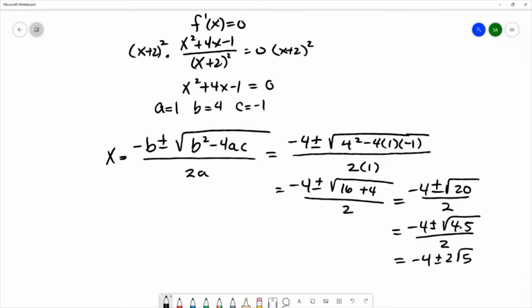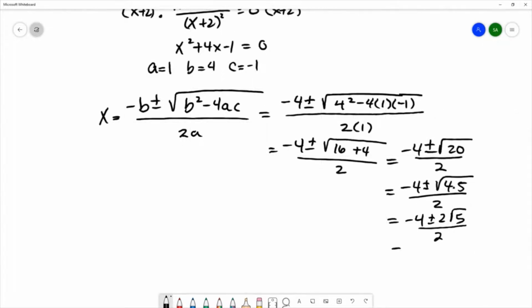And I can also reduce this to be -2 plus or minus square root of 5. So I've got two potential values of c, -2 plus square root of 5 and -2 minus square root of 5.